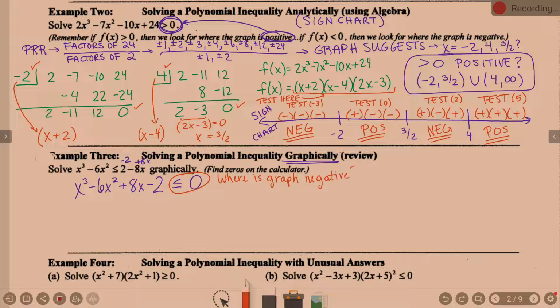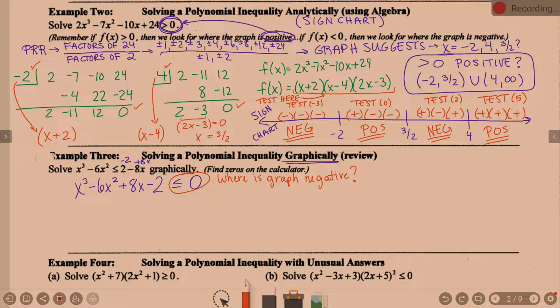That is the question we are answering, is where's the graph negative? Now, what does that mean? Since we're doing this problem graphically, you don't have to do a sign chart. And in fact, honestly, there's a good chance this problem doesn't factor. Thus the reason we have to do it graphically, because it doesn't factor. So if it doesn't factor, we're going to graph it.